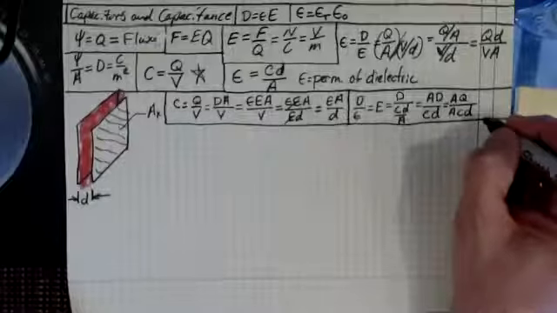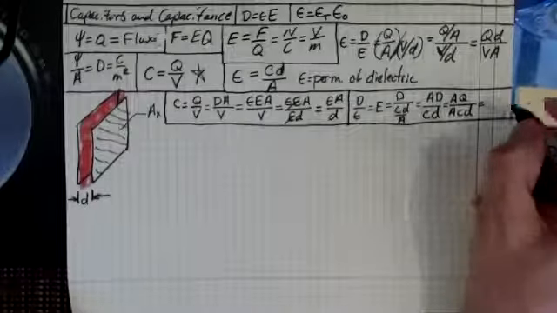So D is Q over A, and the A's will cancel out. I hope we did that right.